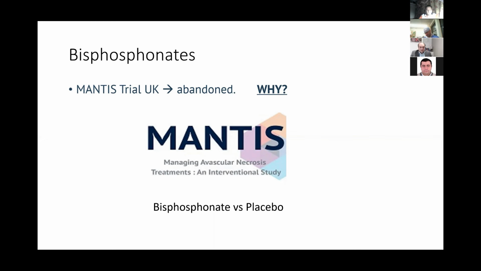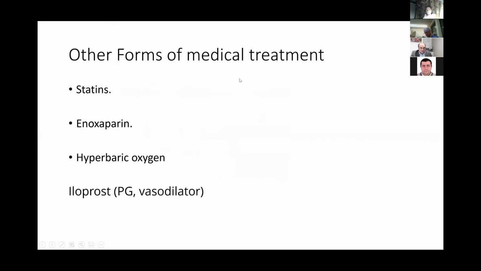So it's difficult to conduct a study with this heterogeneous group of patients that, as I mentioned, usually present late. Other forms of medical treatment that you'll find in the literature: statins, clexane, hyperbaric oxygen, vasodilators, iloprost. However, all the evidence is still weak for all of them.